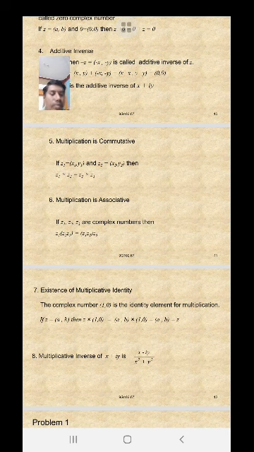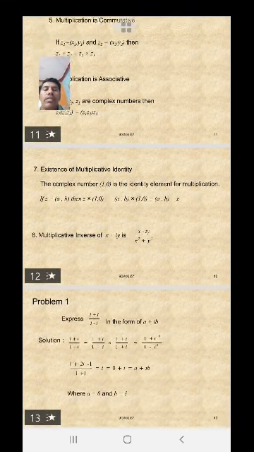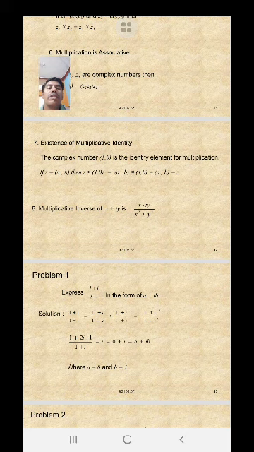So, existence of multiplicative identity: Z into (1, 0) equals Z. The complex number (1, 0) is the identity element for multiplication.